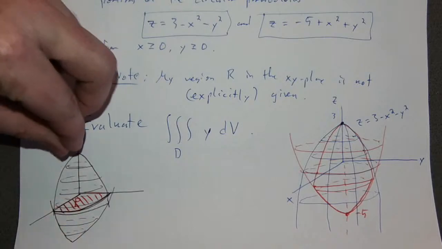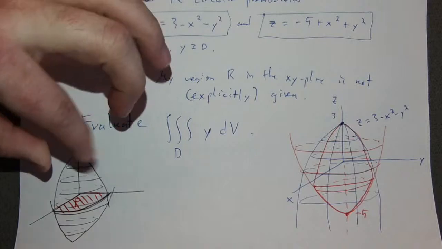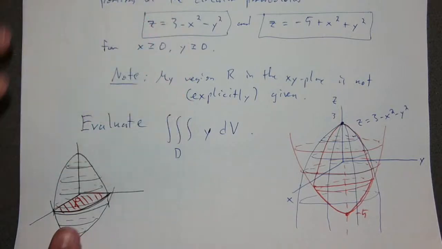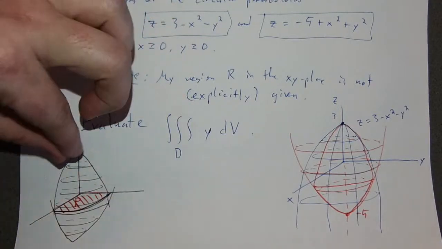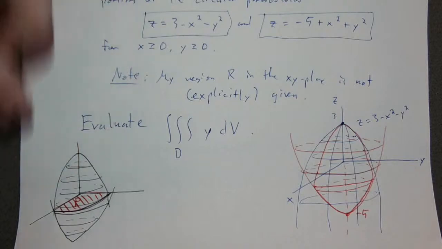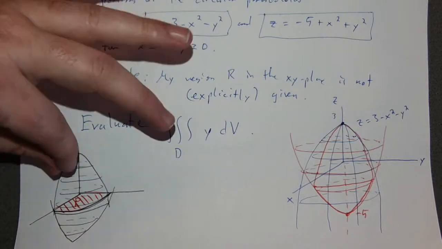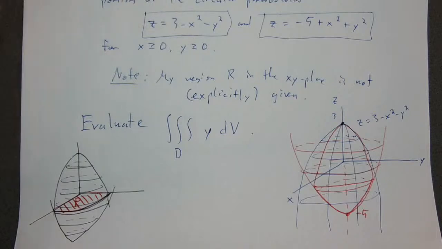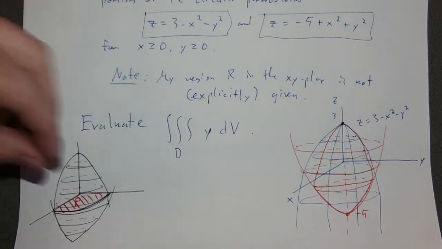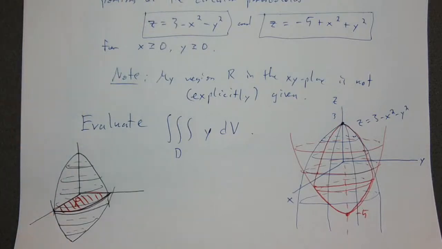So take this thing and don't do anything except translate it in the Z direction. Pick it up by the top, move it up as high as you need to go, and then shine a flashlight straight down from the Z direction so that it's still that analog of the shadow cast on the XY plane.